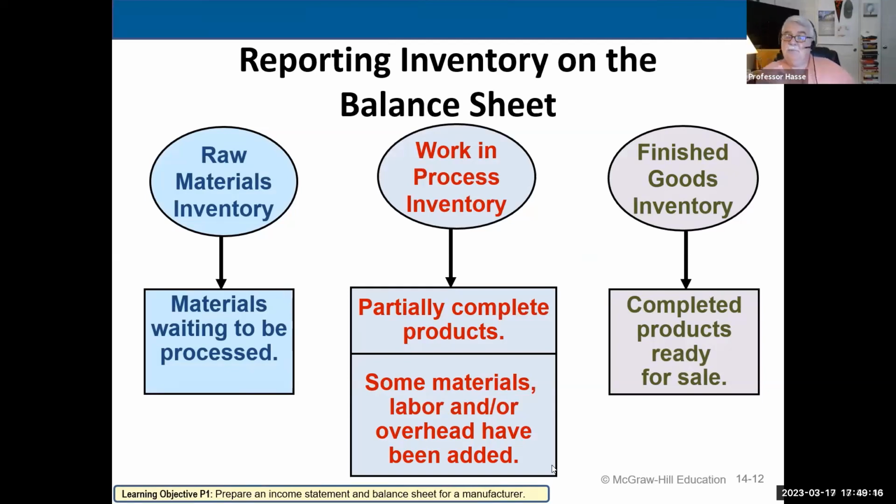We have some products that are being worked on right now in the assembly plant, but they're not completed. So they're called work in process. And then we have some products in finished goods that have already been completed, but they're in the warehouse waiting to be sold. These are costs that have yet to be incurred as an expense because the product has yet to be sold.